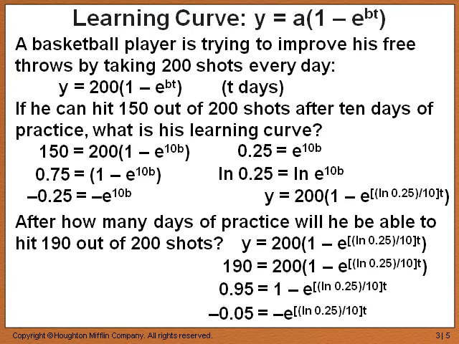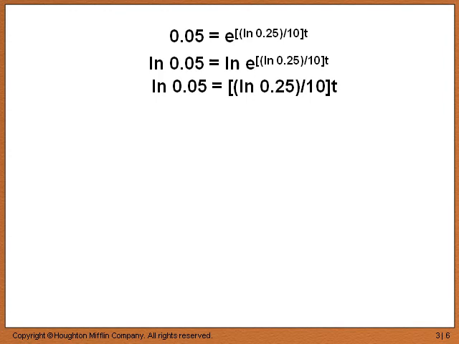Then we divide both sides by 200. Subtract 1 from each side. Drop the negative, so we end up with 0.05 equals e to the ln 0.25 divided by 10, times t. Take ln of both sides, because you want to get rid of the e. ln 0.05 equals ln 0.25 divided by 10, times t.